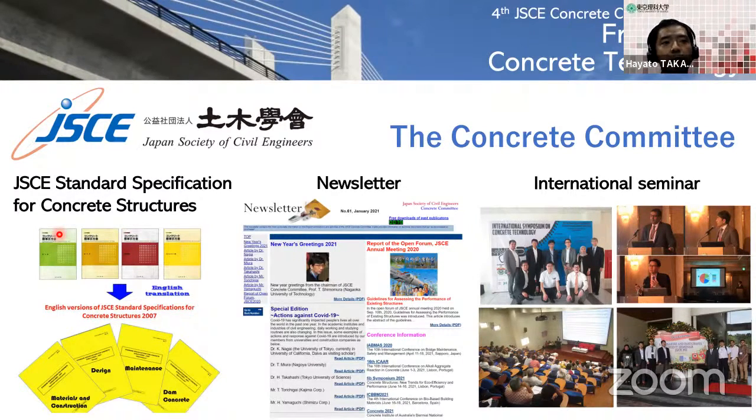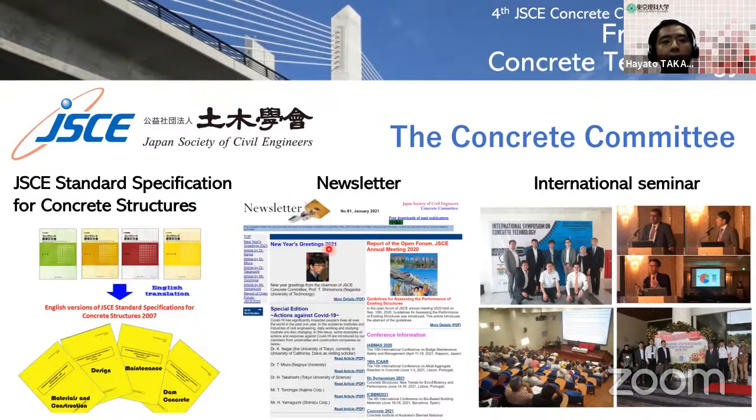The parts are mainly divided into design, materials and construction, and maintenance. These are revised every 5 years to include and add new knowledge. The English version of the 2007 specifications is now freely available online, and a summary version in English will be published in a few years.